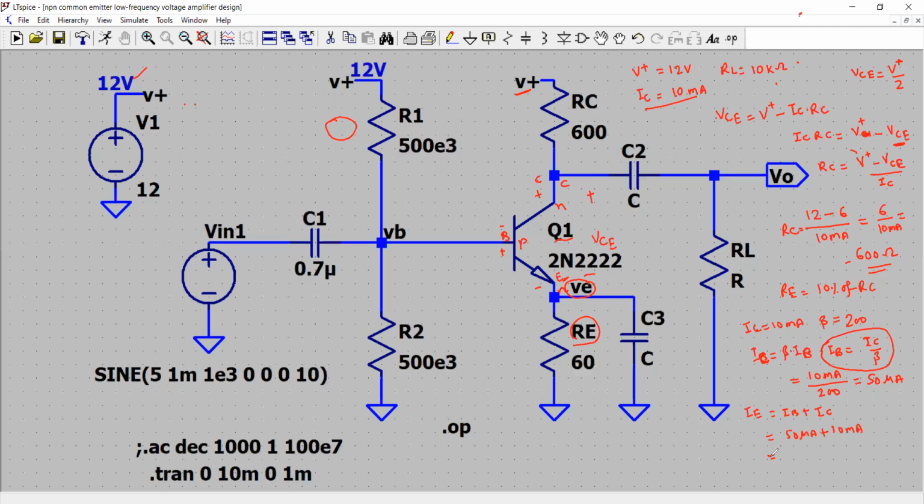It's approximately equal to 10 milliampere only, because the base current is very, very small compared to the collector current, and therefore IE and IC can be approximately equal. VE is therefore IE times the value of RE. RE is 60 ohm, so this is 10 milliampere multiplied by 60, which comes out to be 600 millivolt. So that's great, 600 millivolt.